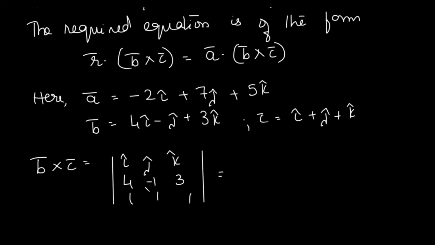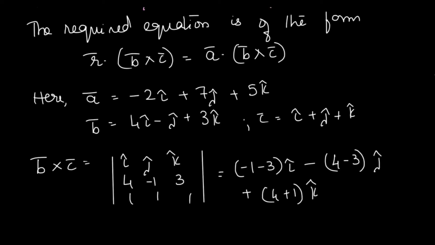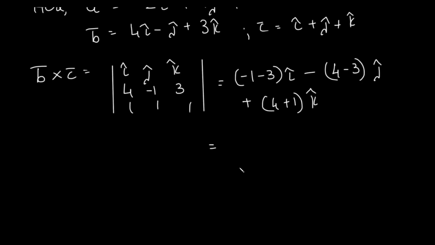And thus we get (minus 1 minus 3) i minus (4 minus 3) j plus (4 plus 1) k. Thus we get minus 4i minus j plus 5k. This becomes our B cross C.